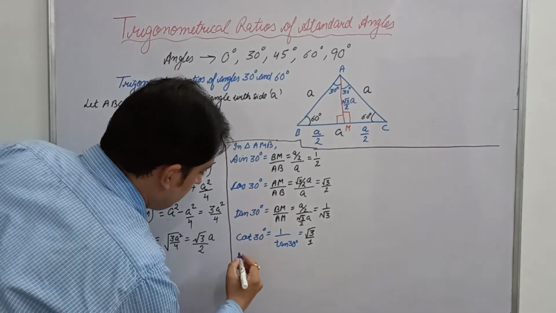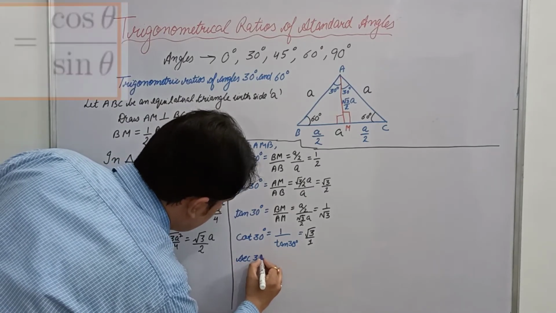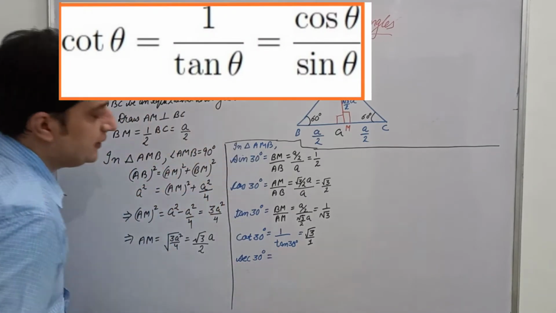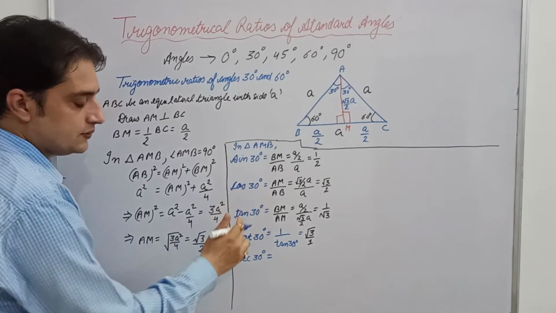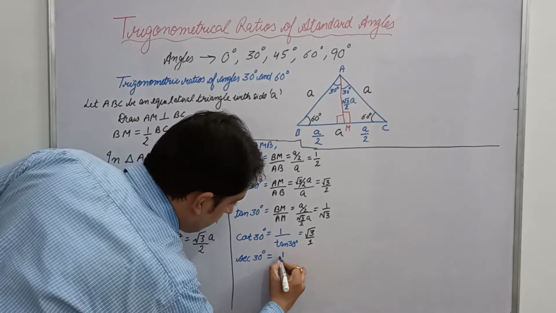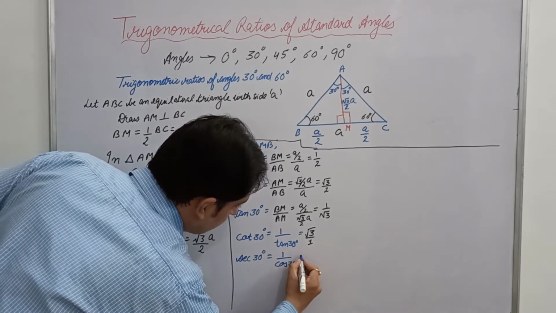And next is the secant 30 degree. Secant is the reciprocal of which t ratio? That is cos. So here you can write 1 by cos 30 degree.